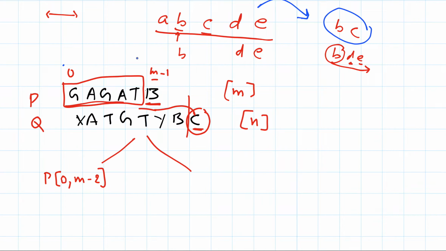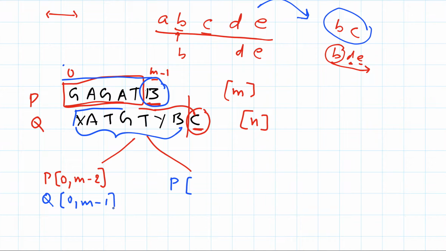The second case is if B is part of the subsequence, then it has to match to this part of the string, 0 to N minus 2. In this case Q will remain complete because we are comparing the complete Q, 0 to M minus 1, with this part of P. So in the second case, if B is part of the subsequence, then we will take P 0 to M minus 1 and Q 0 to N minus 2.